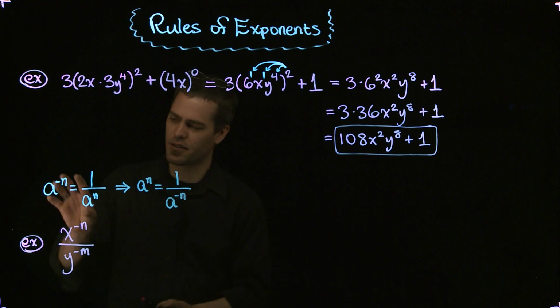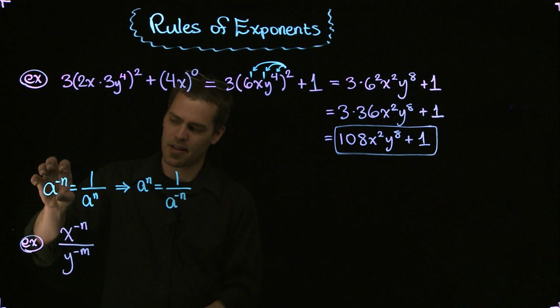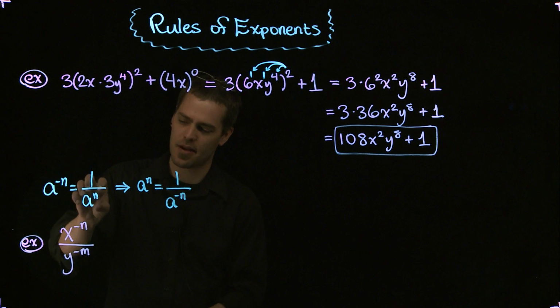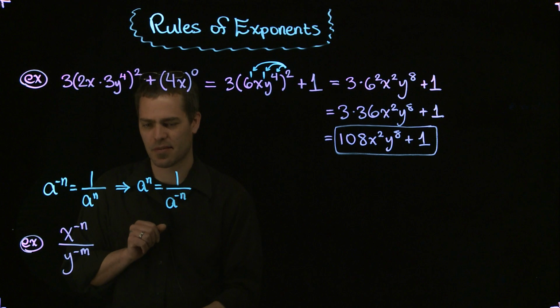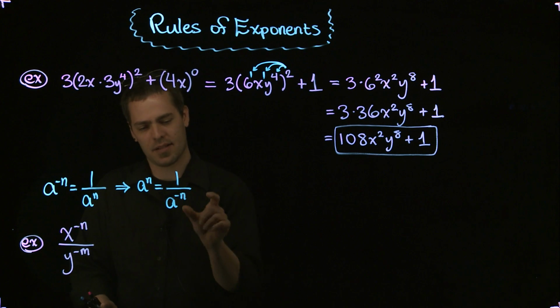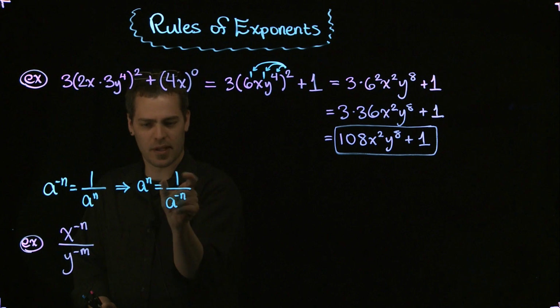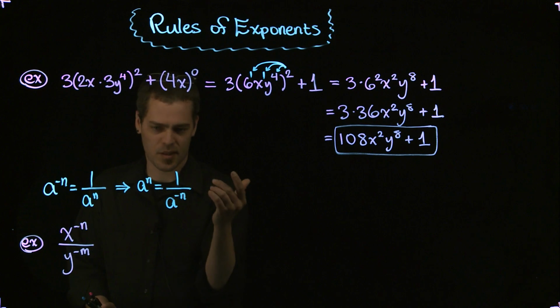So what does that mean? In the first case, if you look at a to the negative n over 1 as a fraction, then if you take it down to the denominator, the power becomes positive. If you look at a negative exponent in the denominator, if you bring it up to the numerator, like this, the power becomes positive.